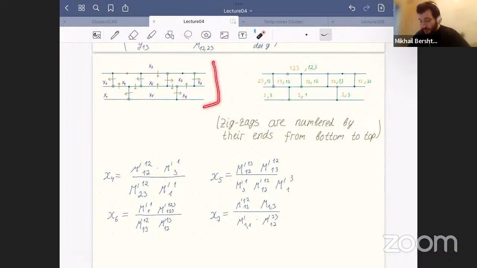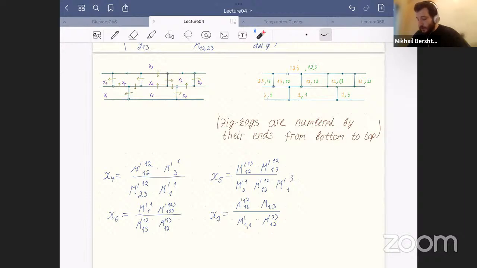So here I repeat my picture of the network. On the right side, I label the faces via zigzags. Maybe you remember we had the rule that we have orange zigzags which go in this direction and green zigzags which go in this direction. To each face, we can look at the number of orange zigzags which go below it and green zigzags which go below it.